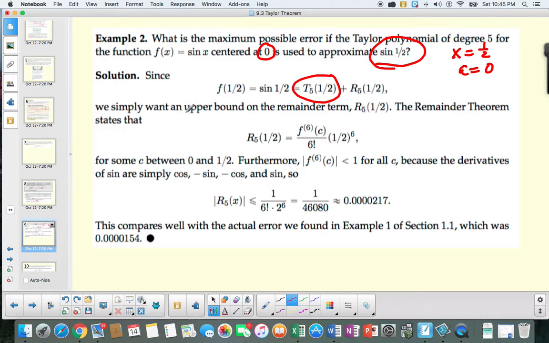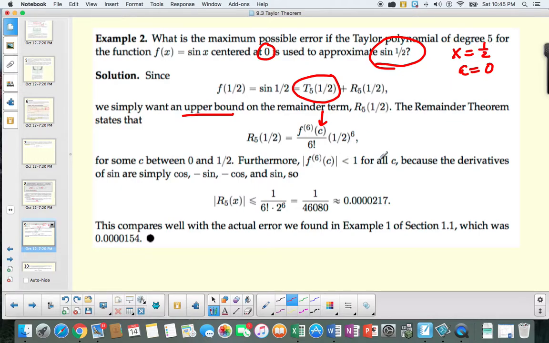The remainder is that same number. Now we want the upper bound, and that remainder sub 5 is really the very next derivative evaluated at some c in the interval between 0 and 1/2, and we'll have that 6 factorial, and this is going to be x to the 6th power, and our x happens to be 1/2 right here.